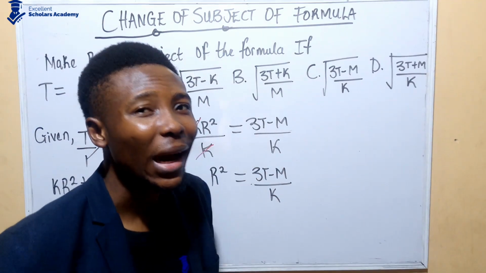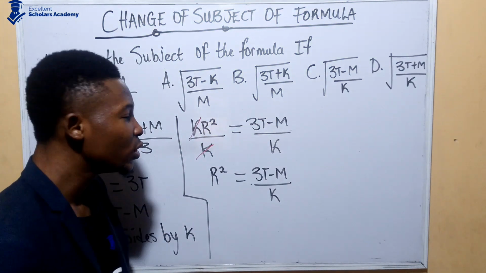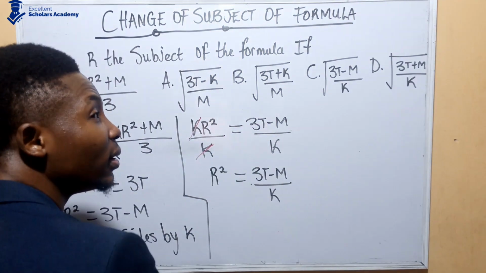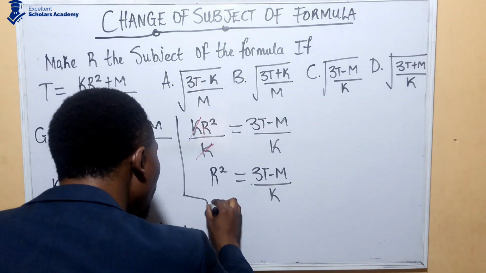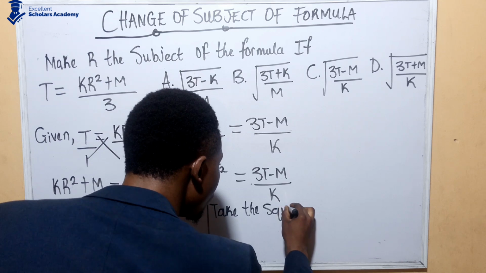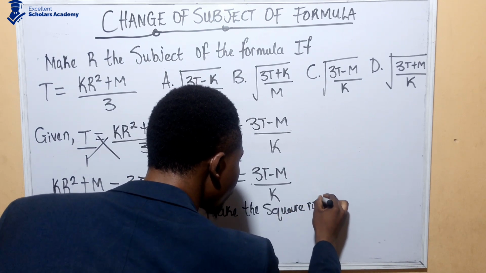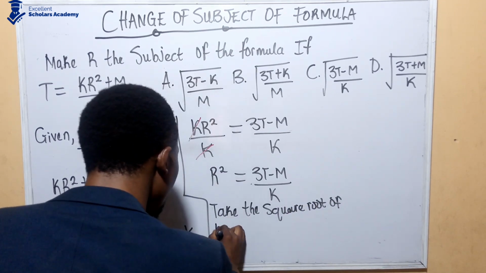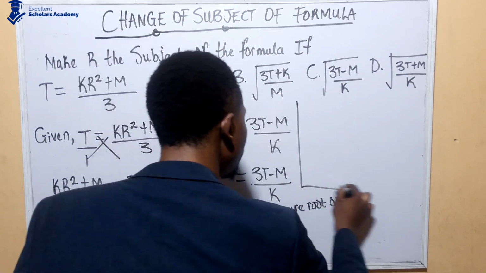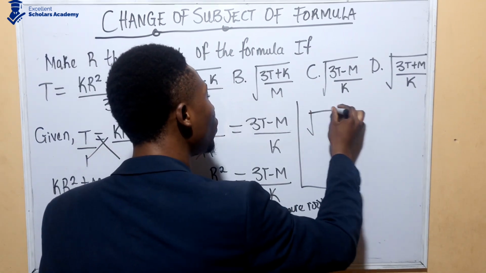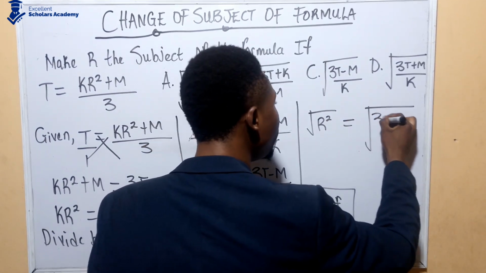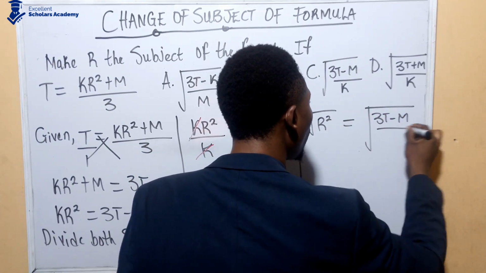Your goal is to make r the subject of the formula, not r squared. So you take the square root of both sides because square root can cancel square. So that becomes square root of r squared is equal to square root of (3C minus m over k).